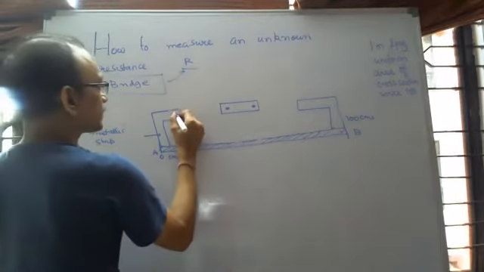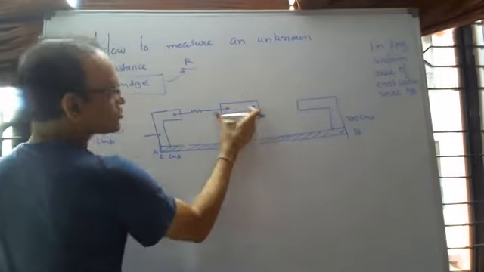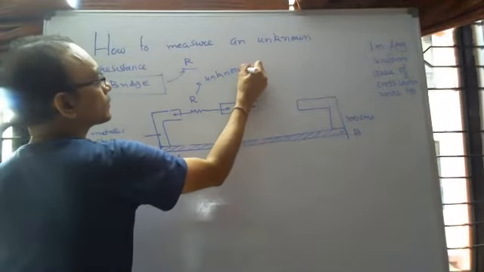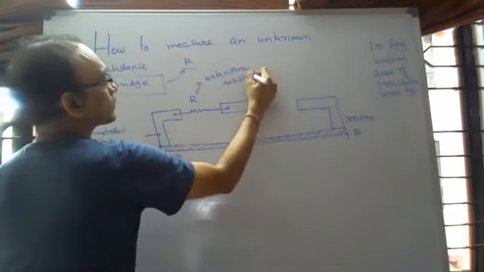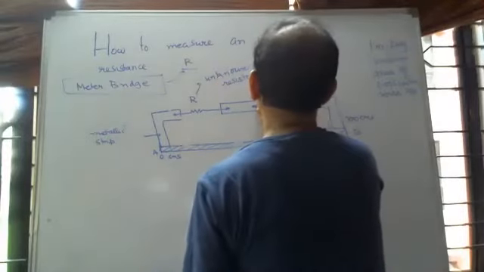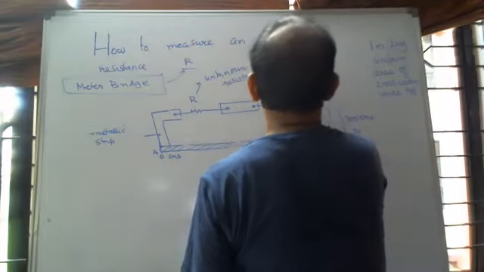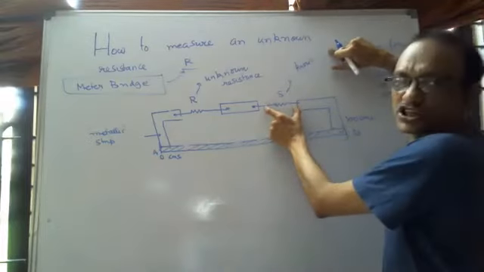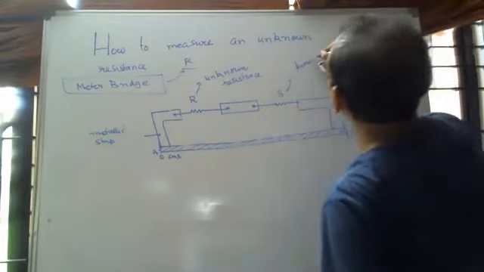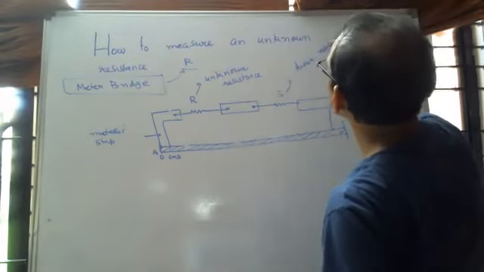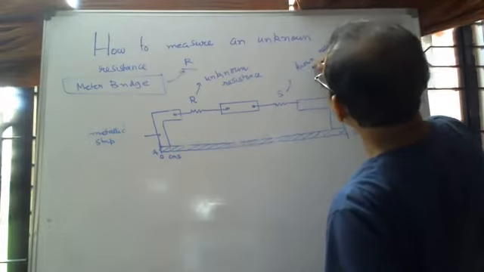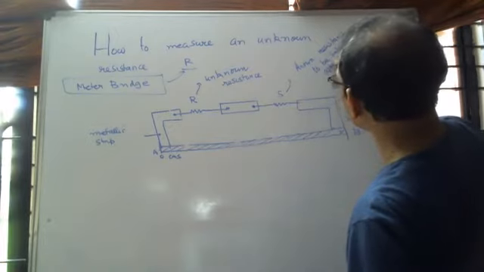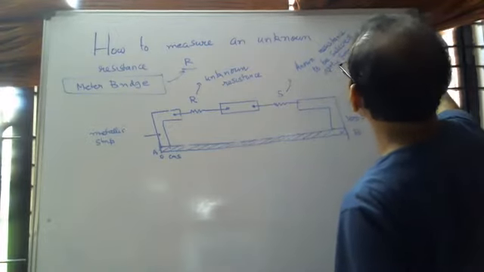So I have, say, this is also a metallic strip. This is an unknown resistance. This S is a known resistance. Actually here I put a resistance box and I can vary this resistance S. A known resistance to be selected suitably from a resistance box.